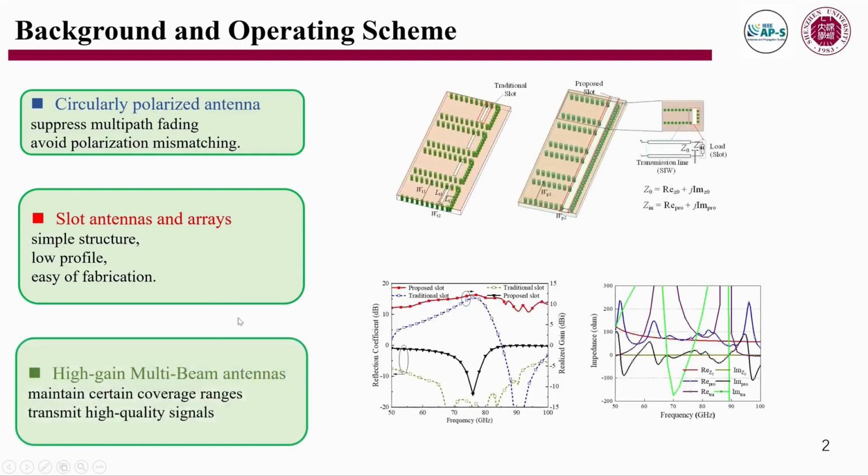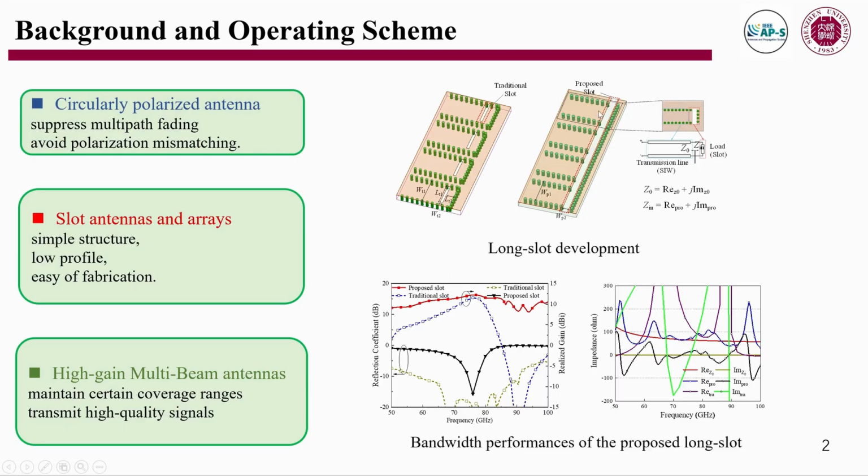On the other hand, the high-gain beam scanning antenna can maintain certain coverage ranges while transmitting high-quality signals and has become a popular candidate for telecommunication applications. Hence, we want to develop a millimeter wave ultra-wideband CP slot antenna with high-gain multi-beam radiations.